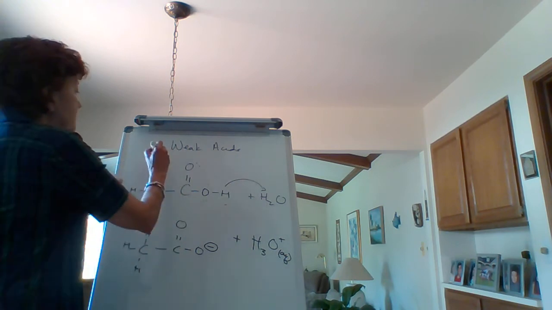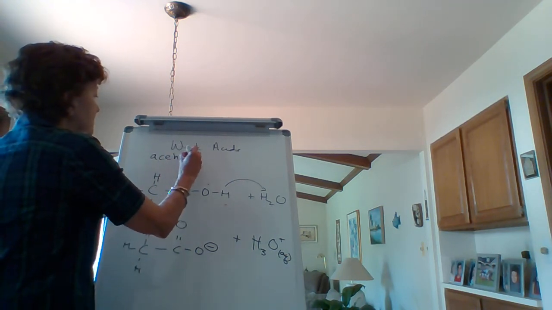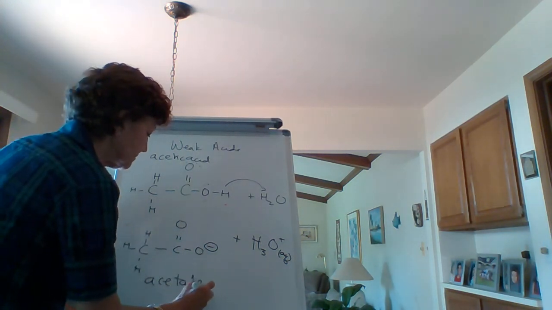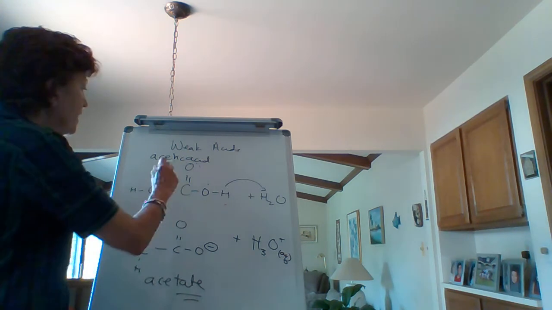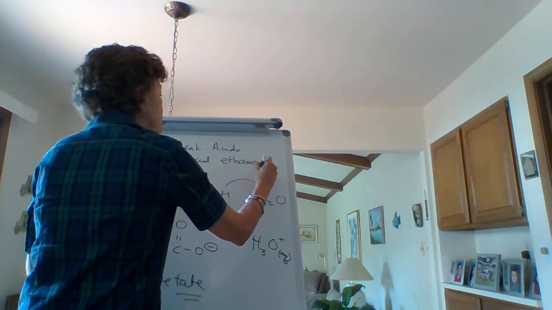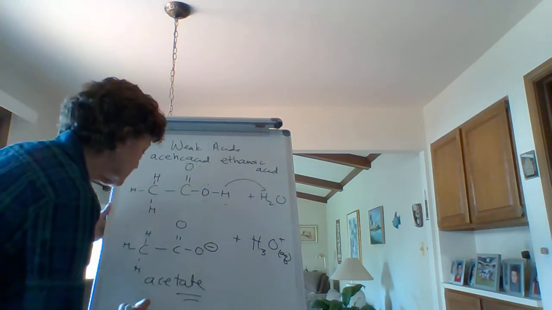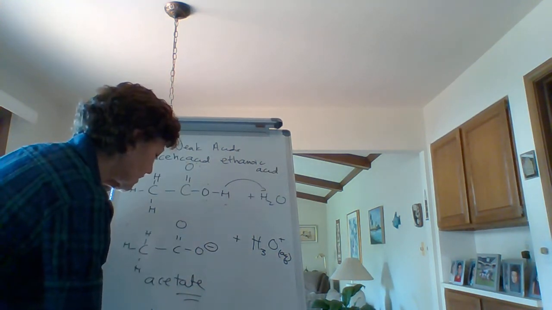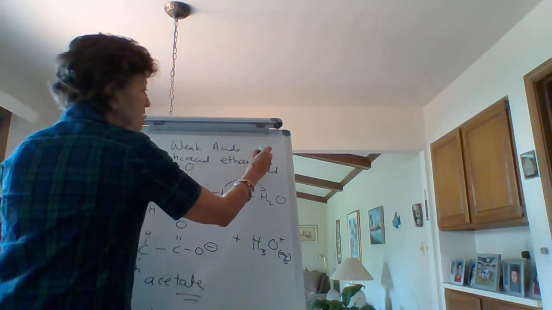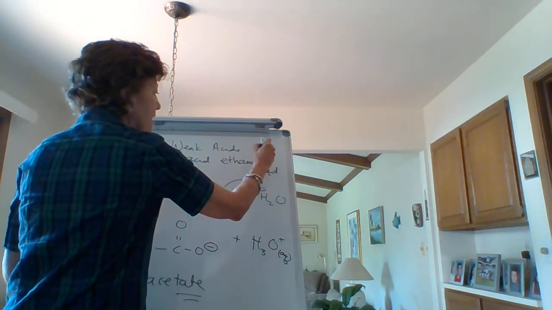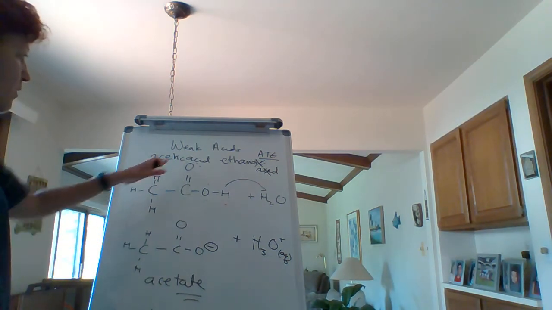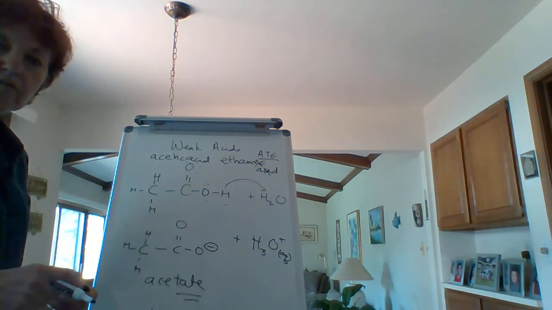If this was called acetic acid, this is called acetate. Look how we changed the name. If this was called ethanoic acid, which is the IUPAC name, this is now called ethanoate. Notice how the name changed. We got rid of ic acid and we added the suffix ate.